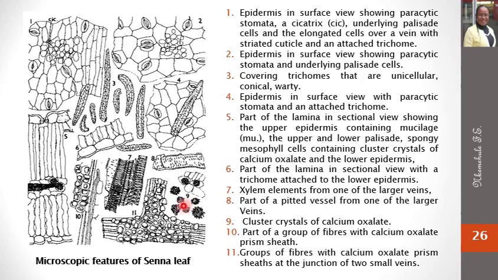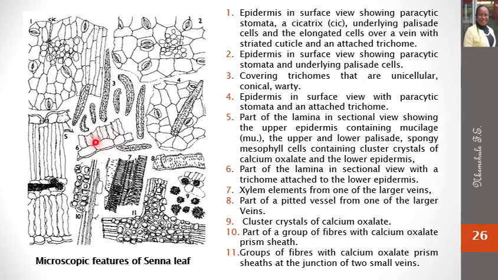These are clusters of calcium oxalates, and these are trichomes. These trichomes are not attached to the epidermal cell. That shows that it's from the powder. Here also is from the powder because you can see it's in fragments. Though the trichome here is attached to the epidermal cell, you can see that it's in fragment.